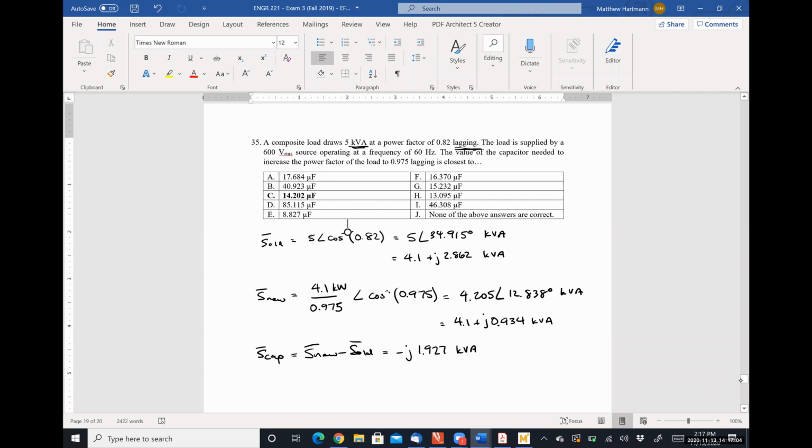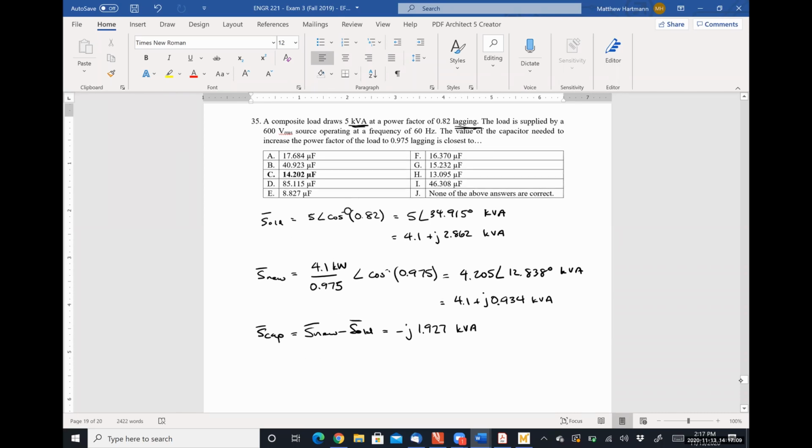All right, so now that we know Q cap is just this value divided by j, Q_C is negative 1.927 times 10 to the 3 volt-amperes. These two negative signs are going to cancel each other out. What's omega?